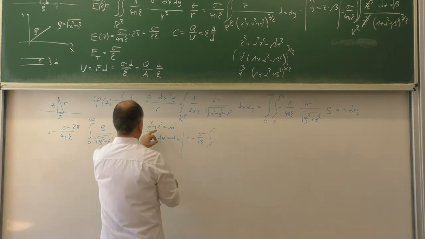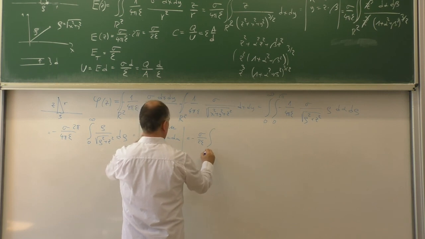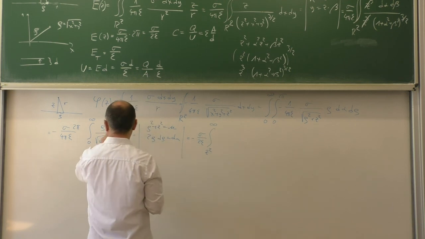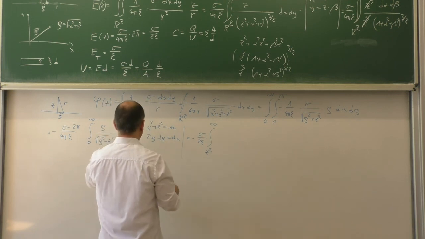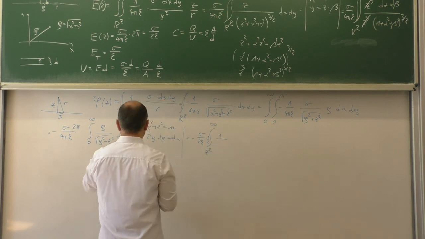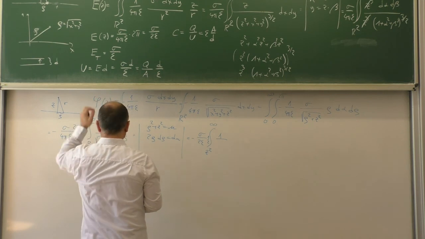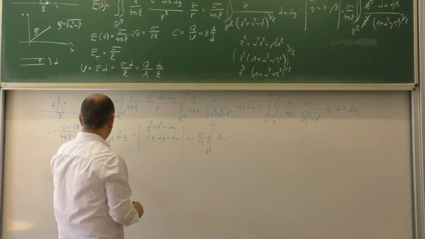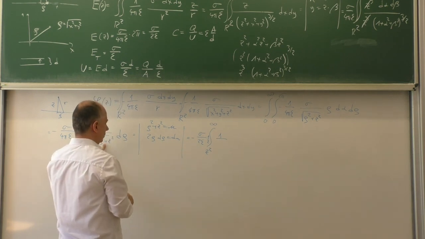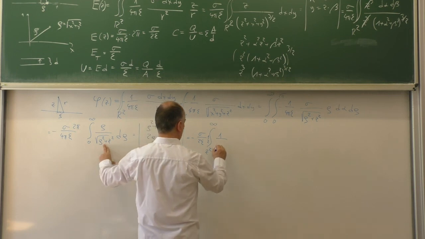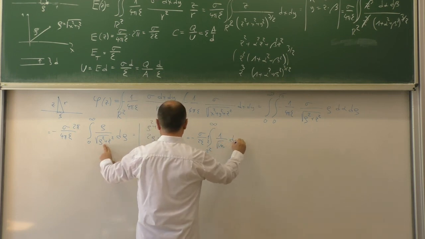When rho is 0, u is z squared, and when rho is infinity, this is infinity. 2 rho d rho, so 1/2, 1 over square root of u du.